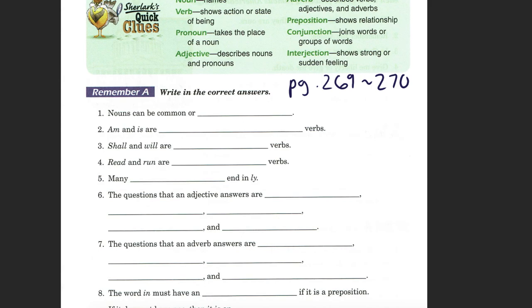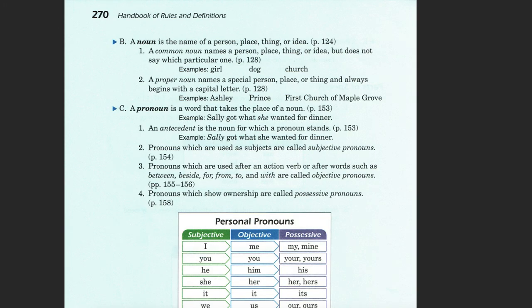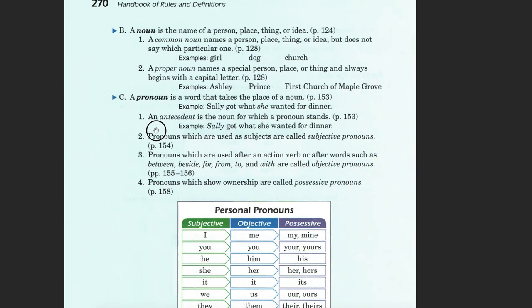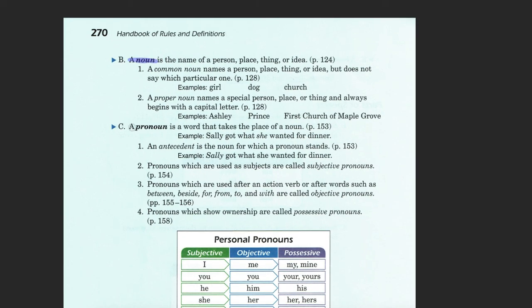It says nouns can be common or blank. So if you don't remember what the two types of nouns are, they can be common or what? You can go to page 270 and look at how they have this labeled, right?